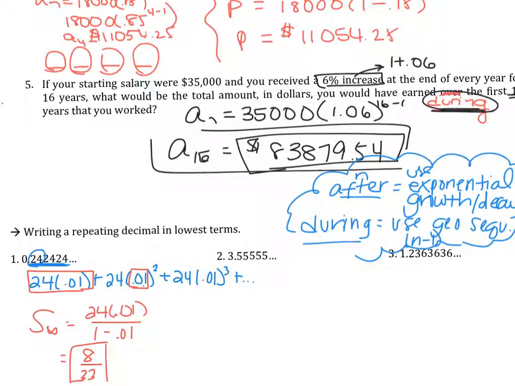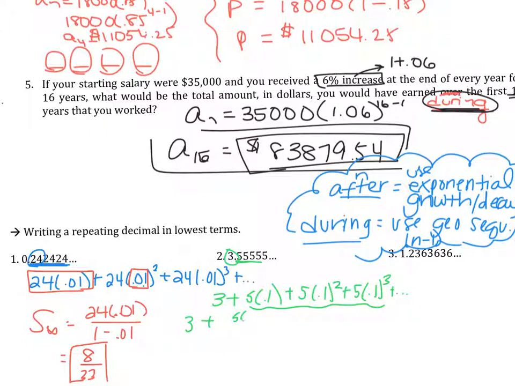If I go ahead and look at this next one, I notice I have a whole number, so that's just going to come out as 3 plus. And then I ask myself, okay, how many times does 5 repeat? Well, it repeats once, it repeats again, it's only 1 digit, so that's the tenths place. So 5 times 0.1, that's going to get me my first 5. And then 5 times 0.1 squared, that's going to get me my 2 5s. And then 5 times 0.1 cubed, that's going to get me my first 3 5s, and so on and so forth. So I still have 3, but now I can turn this into a geometric infinite series.